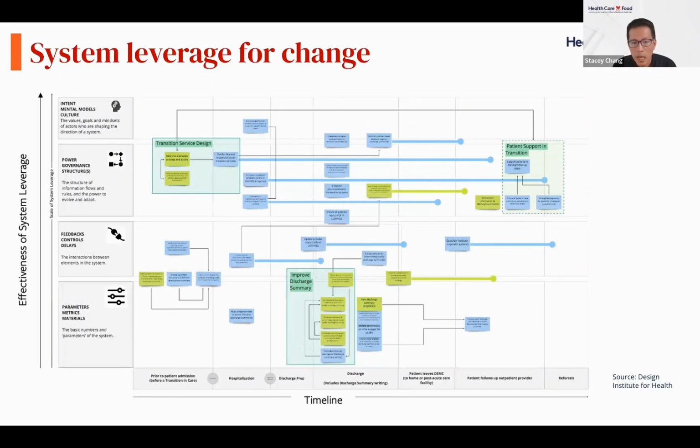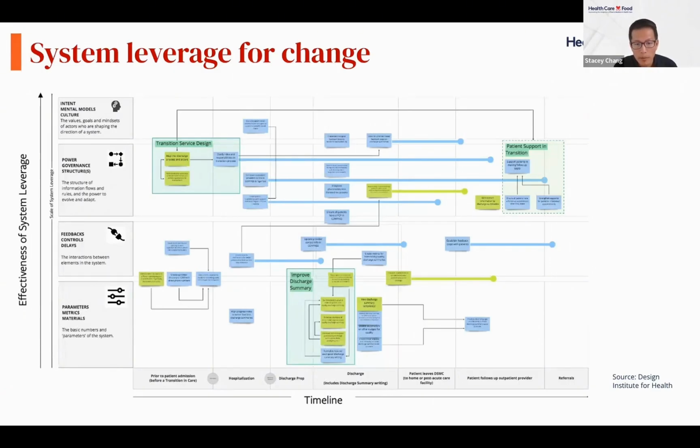Here, changing how and what you measure in a system often emphasizes what matters most. In the middle are things like feedback, controls, and delays, which affect how elements in the system interact and how fast. Above that are power, governance, and structures, which define the rules for how the system behaves.